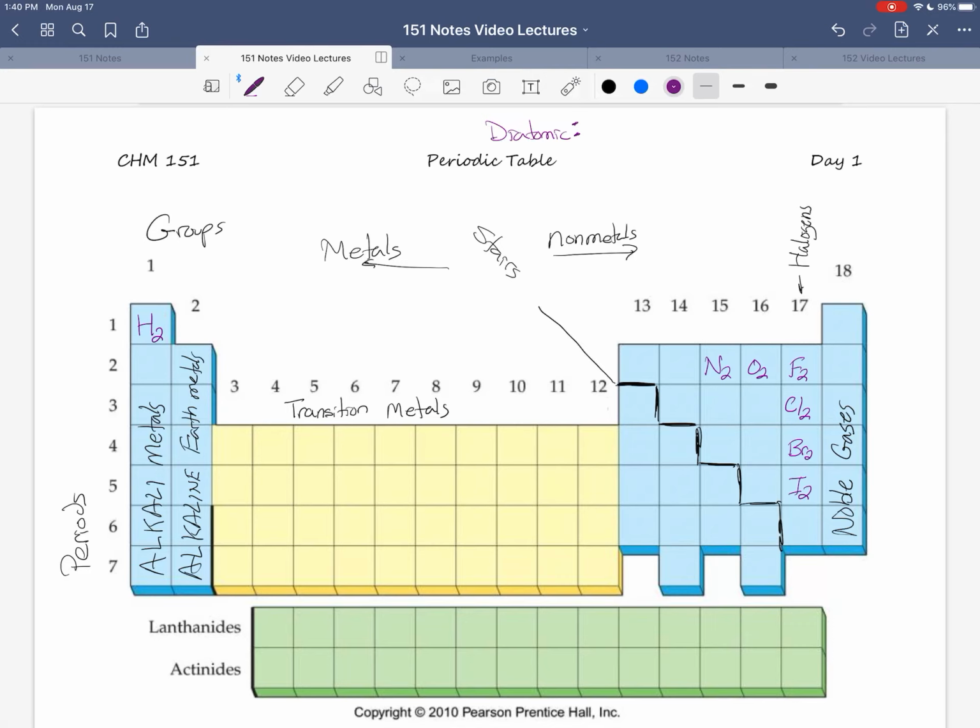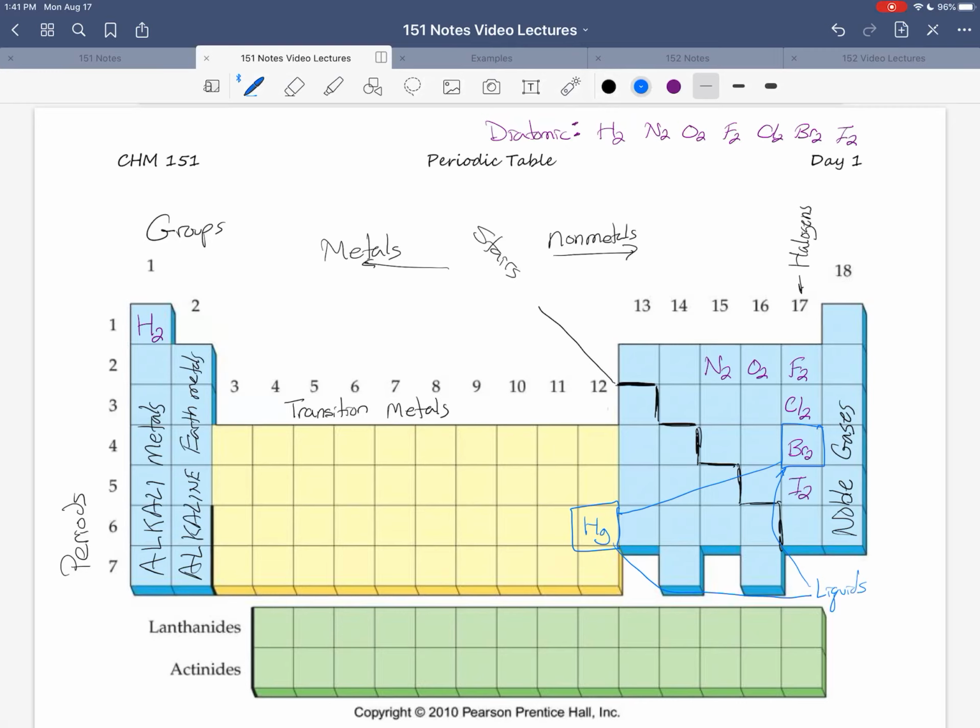Hydrogen, nitrogen, oxygen, fluorine, chlorine, bromine, iodine. Excellent. There are 2 elements, Hg and Br2, that are liquids at room temperature, which is 25 degrees Celsius.